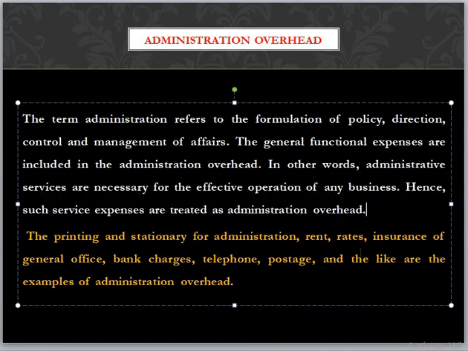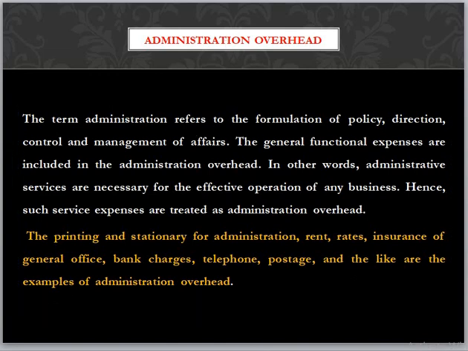So all the expenses which are related to administration are called administrative overheads. For instance, all expenses related to your office, say printing and stationery, rent of the office, rates, insurance of office, depreciation on office furniture, bank charges, telephone, postage, etc. are included in administrative overhead.